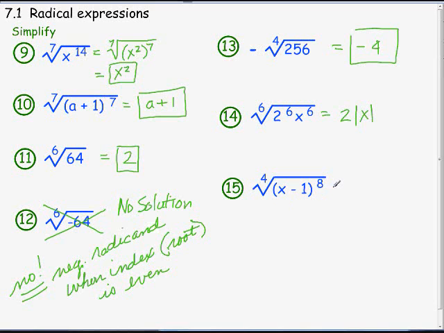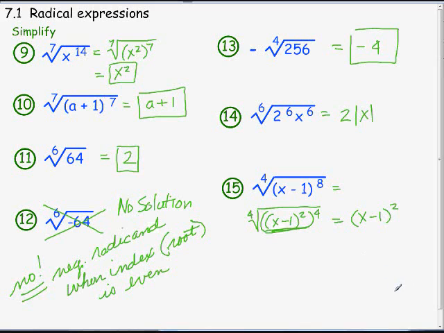This one's a little bit interesting. Let's see if I can express it as a perfect power of 4. Let's see, yes, I think I can. We can say x minus 1 squared to the 4th power. So then, when I take the 4th root, I get x minus 1 squared.